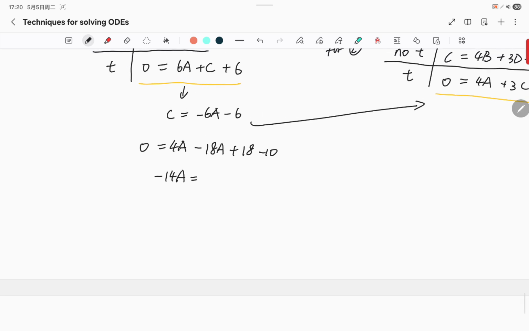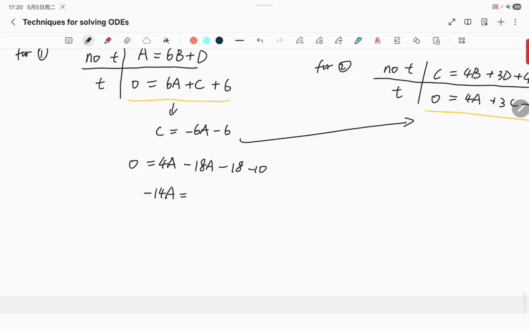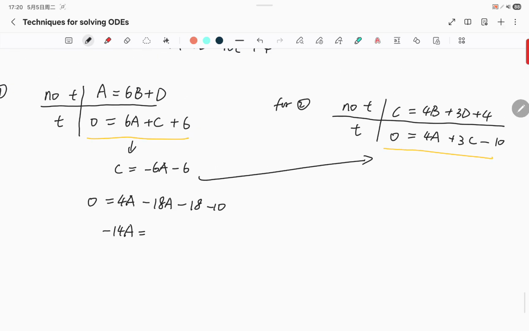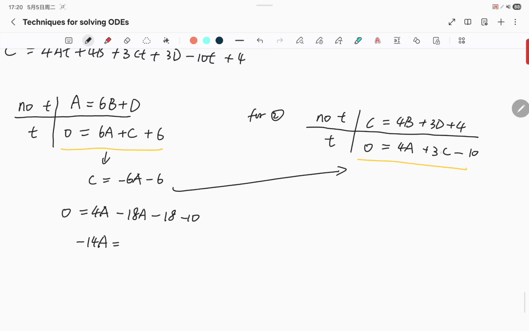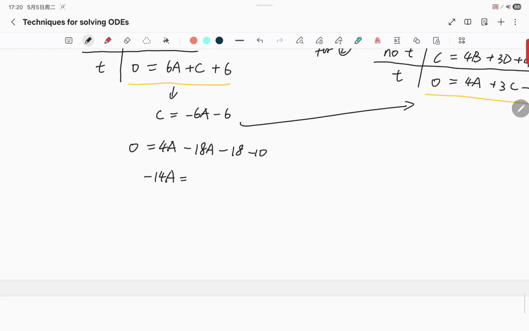Wait. This is not plus. This is minus, right? Because it was plus 3c, yes, plus 3c. So it's going to be minus here, not minus minus. So no plus.